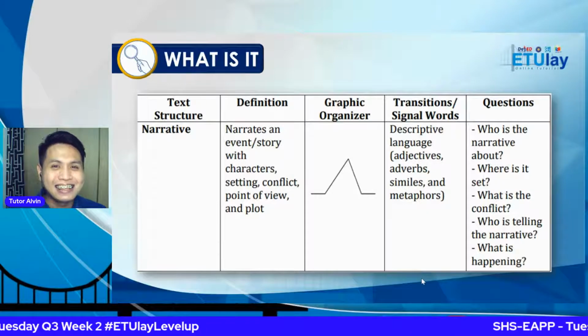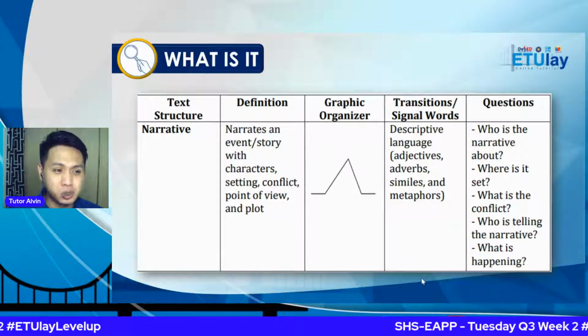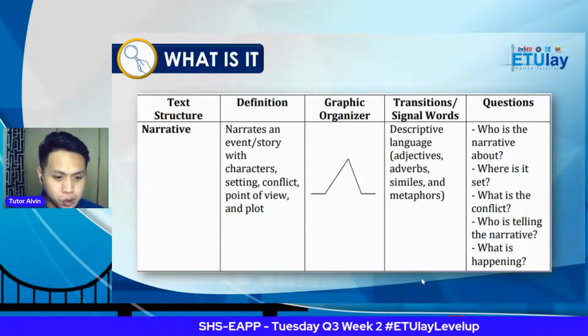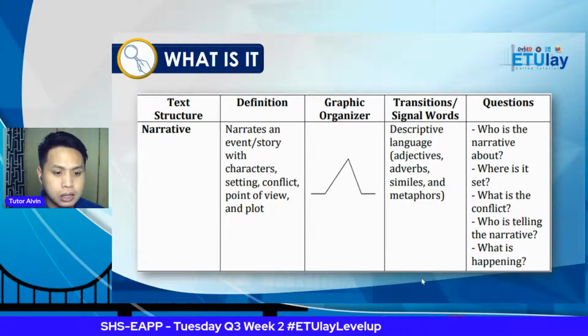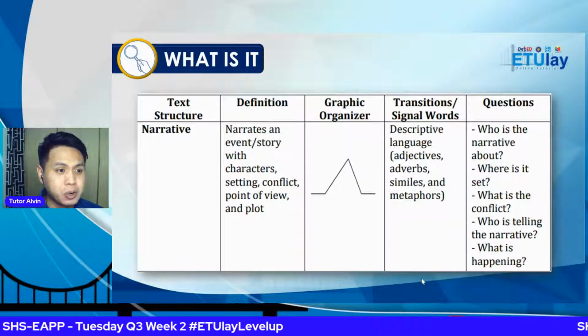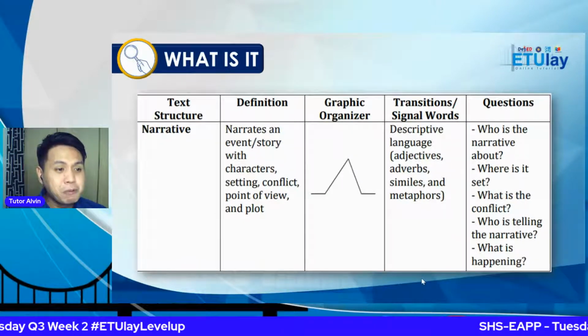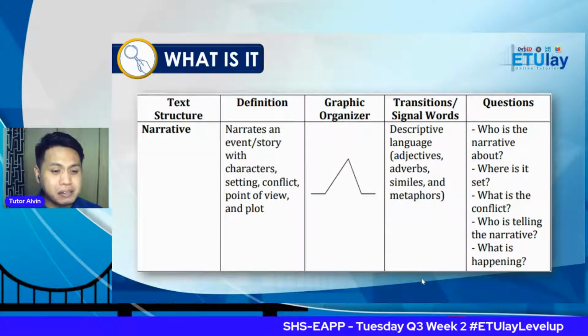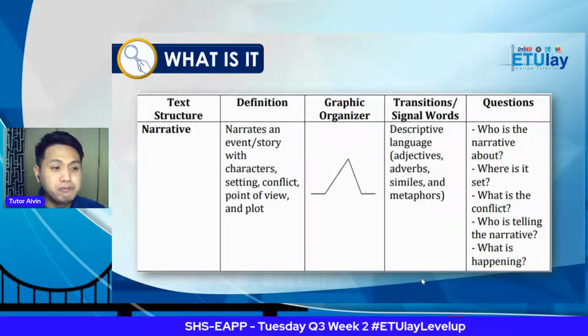Basically, narrative tells a story. It narrates an event or a story. So in here, we are showing the characters, the setting, the conflict, and point of view in the narrative.